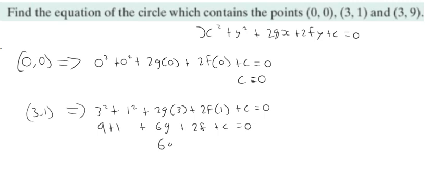So we end up getting 6g plus 2f plus c is equal to minus 10.